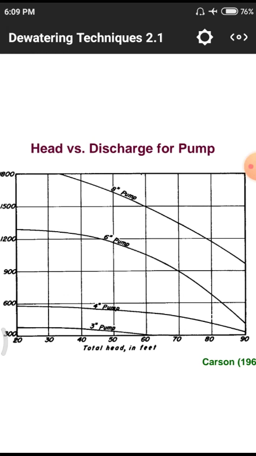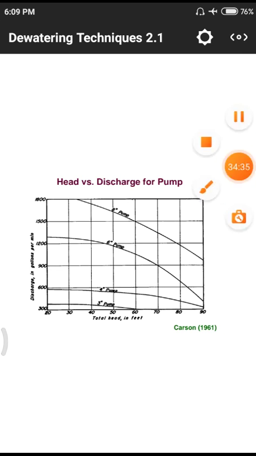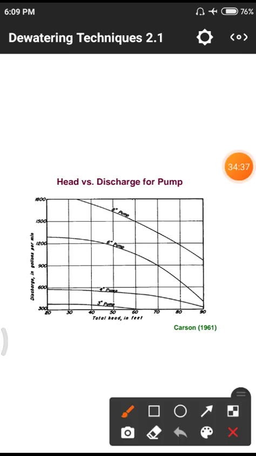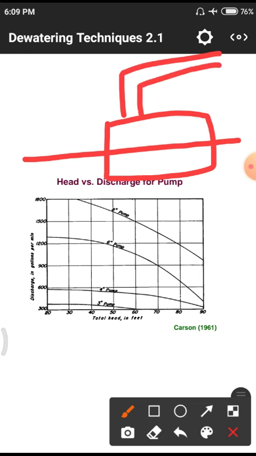This is the head versus discharge. Head of a pump: you are all aware of head in fluid mechanics, suction head and delivery head. This is the normal pump we have, which delivers a particular quantity of water.